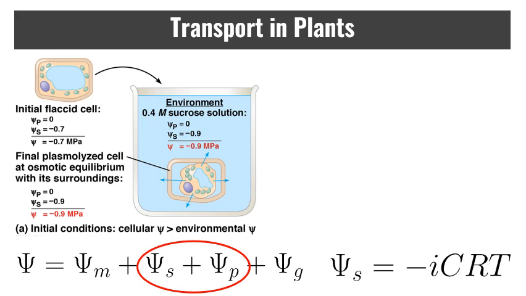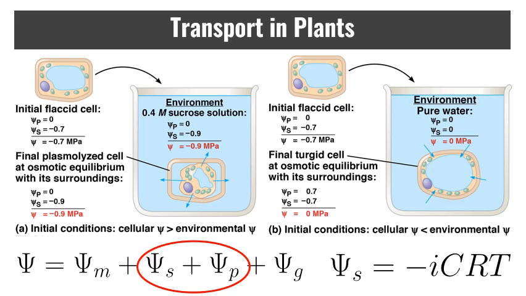But if you are in a flaccid cell, the pressure potential is 0, or in a plasmolyzed cell, the pressure potential is 0. Okay, if it is a turgid cell, then the pressure potential will be equal and opposite to the solute potential. Why? Because the turgor pressure pushes back to an equal level so that the cell is balanced. So if it's a flaccid cell, psi p is 0.